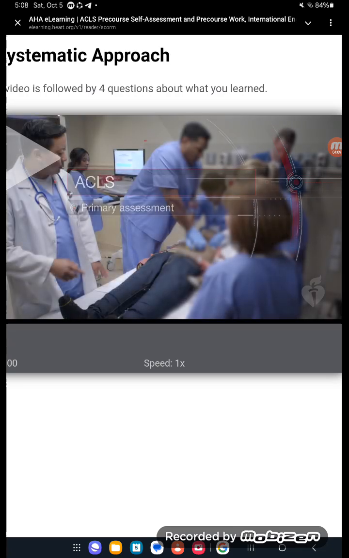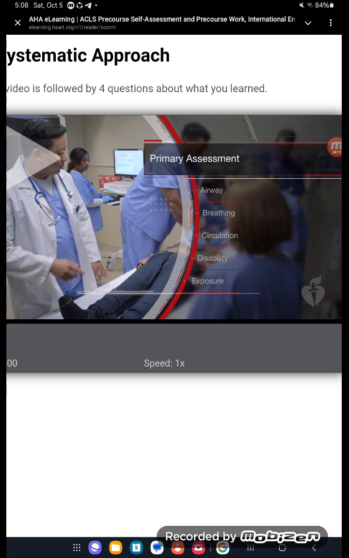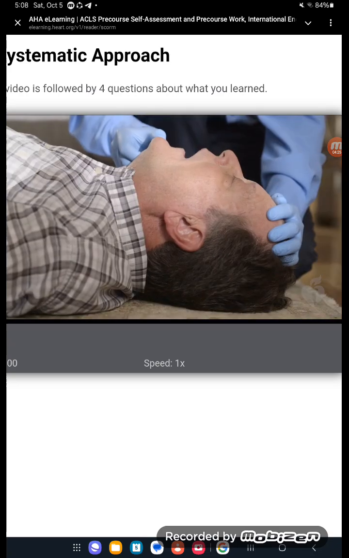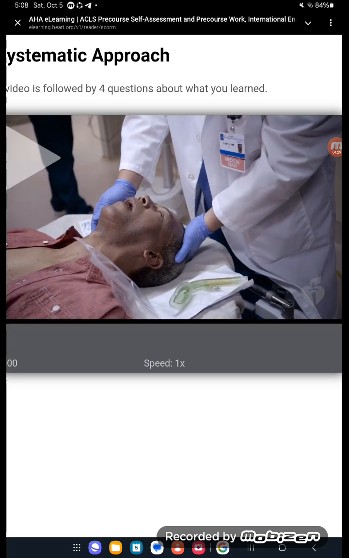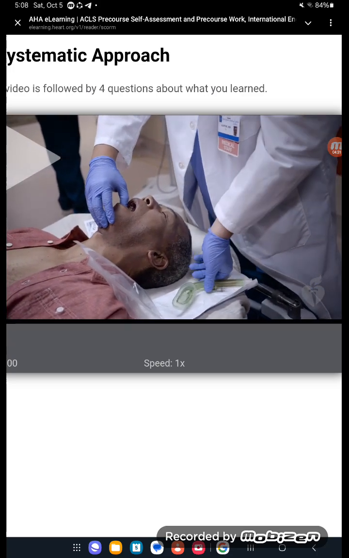You can easily remember the steps of the primary assessment by thinking A, B, C, D, E. Keep in mind that although these steps are listed in progressive order, the resuscitation team often performs them simultaneously. A stands for airway. For unconscious patients, healthcare providers should maintain a patent airway and consider inserting an advanced airway device.